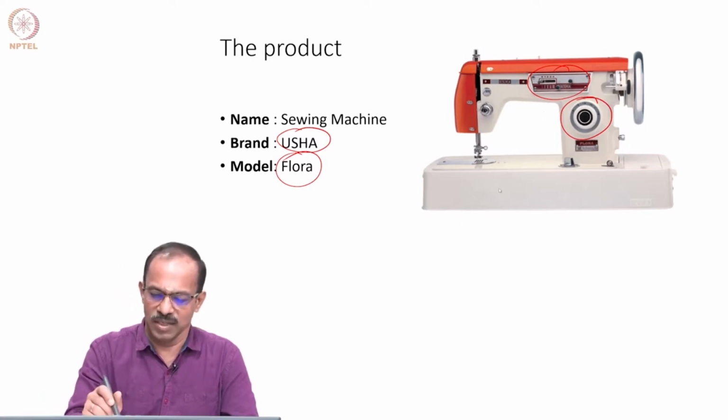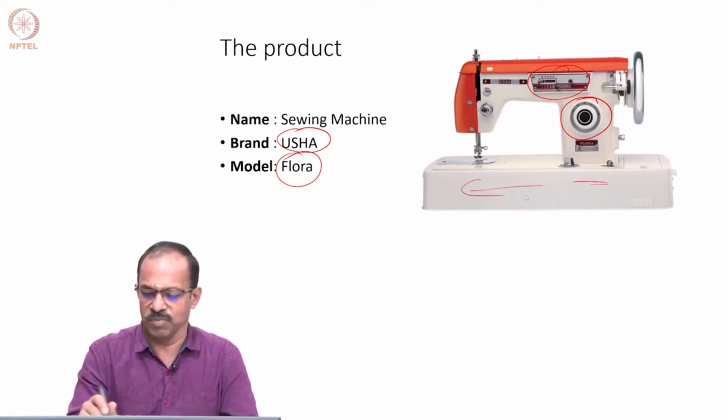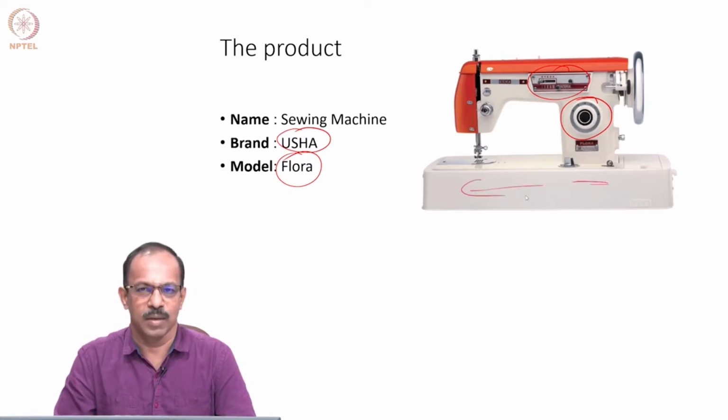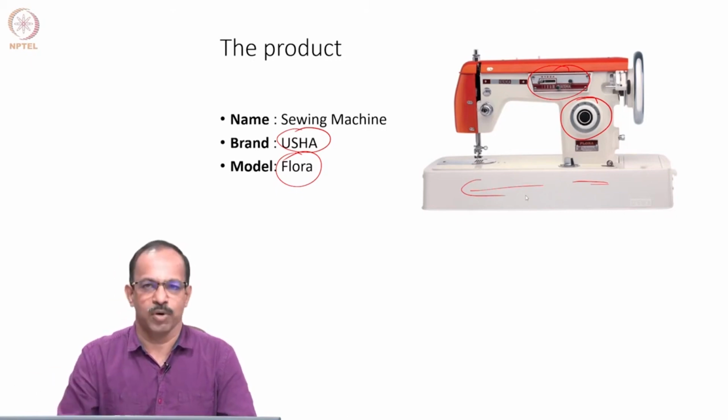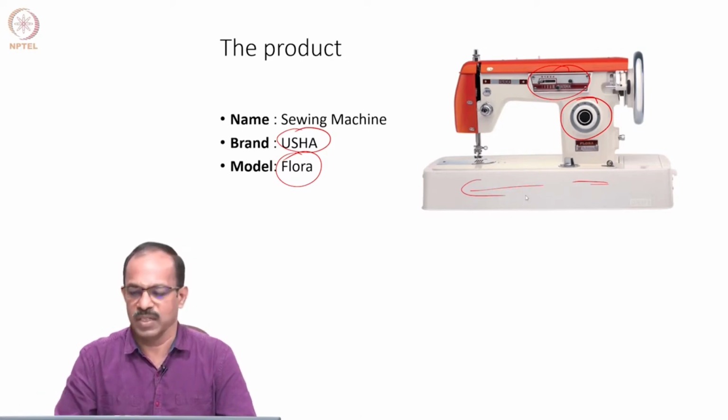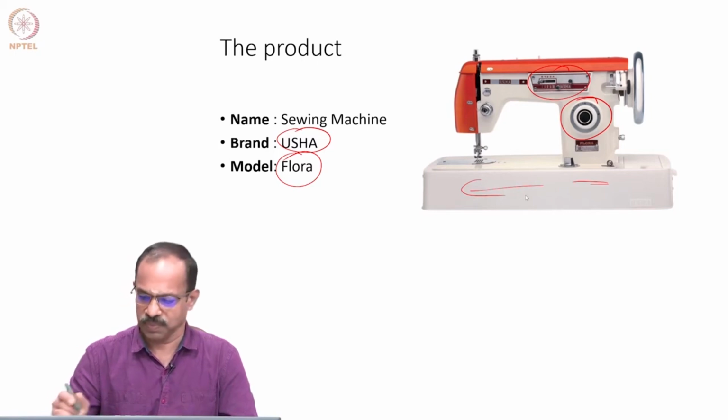Inside there are mechanisms for converting the motions to different kinds of motion, and there is an electric motor attached to it, which will be powering the whole system. As the TA explains, you will be able to appreciate the complexity of the various mechanisms used inside the sewing machine.